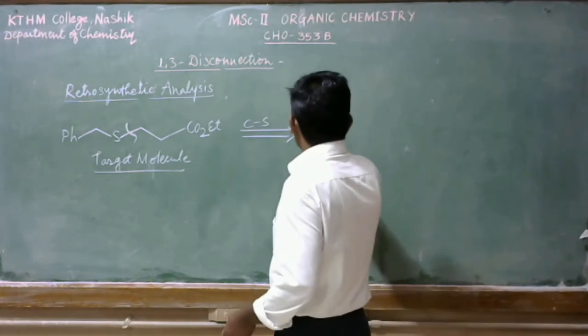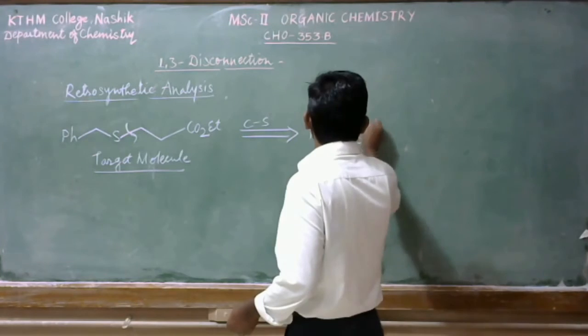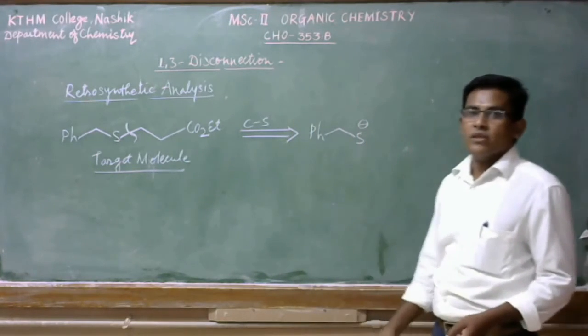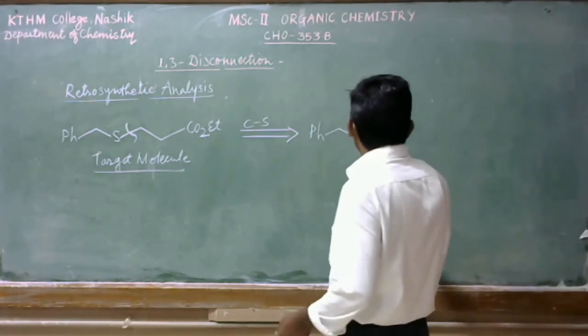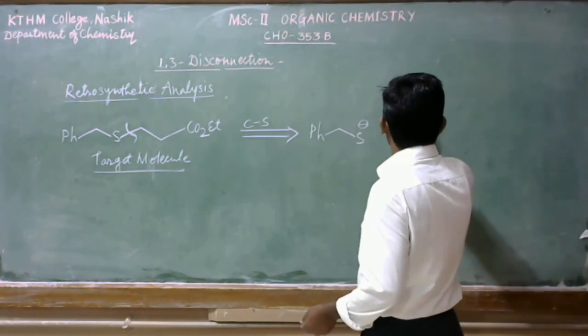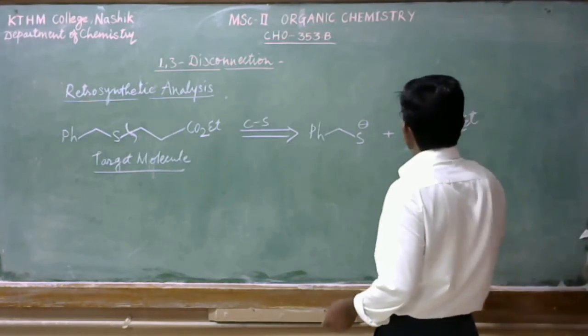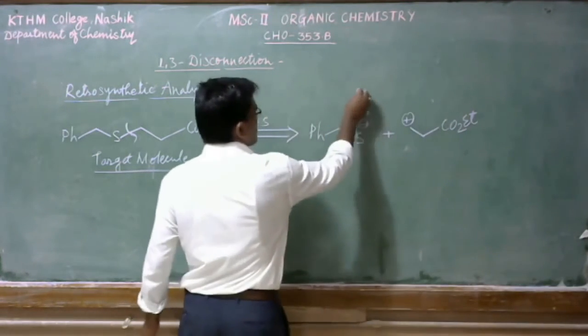So we will get this. Sulfur will have the negative charge. These are the synthons.